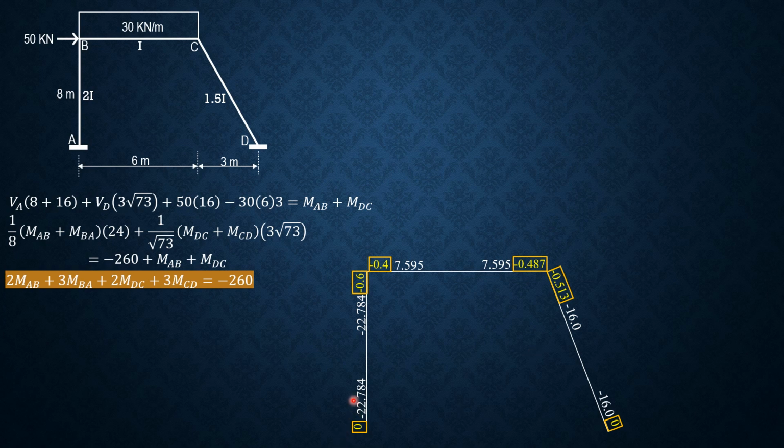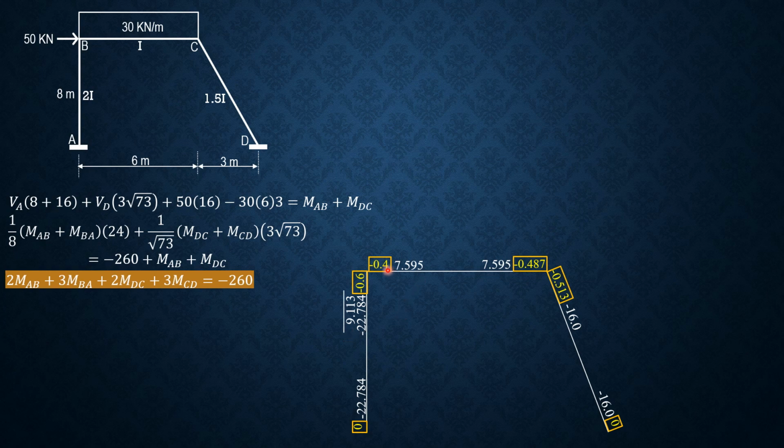So we begin here 0, 0. I will not put 0 where the distribution factor is 0 to save space and time. Let's proceed to joint B. Negative 20 quantity, negative 22.784 plus 7.595 times negative 0.6, so 9.113 lakh.